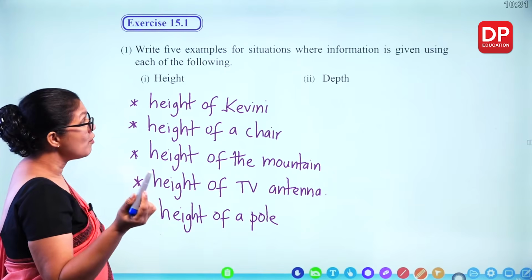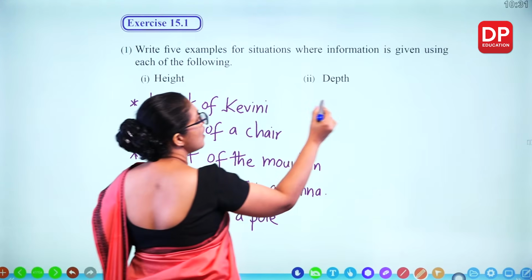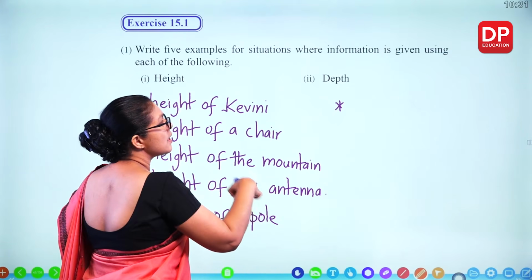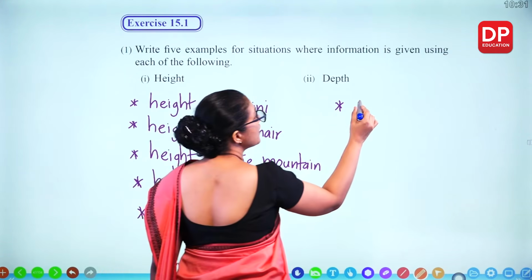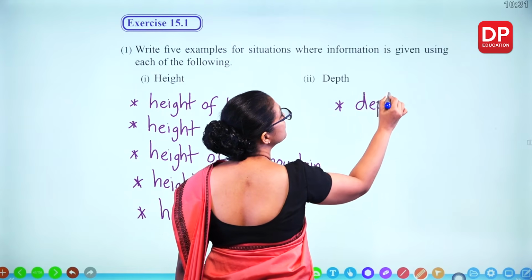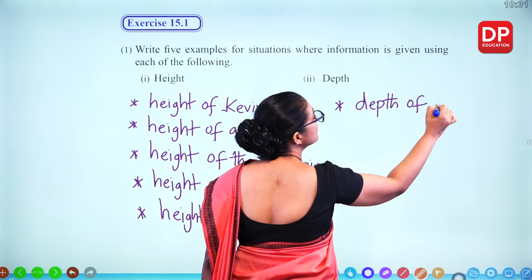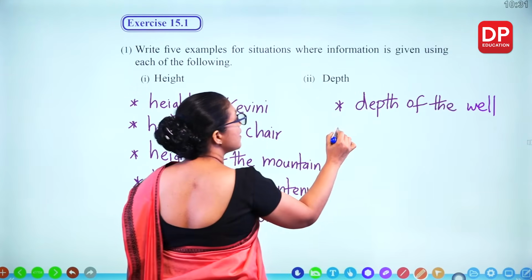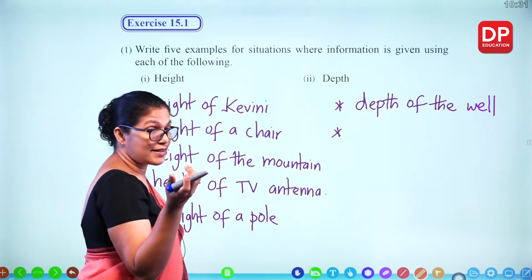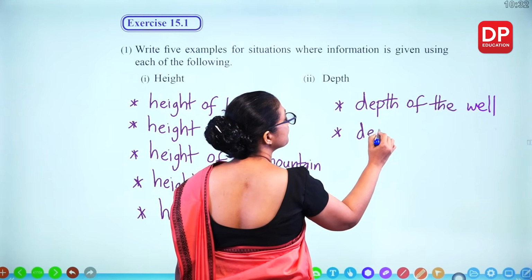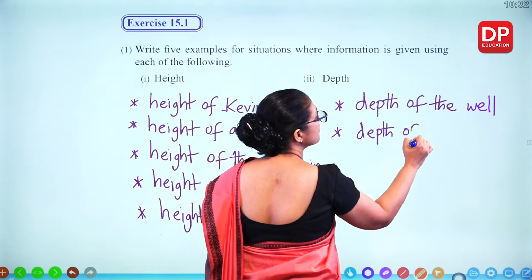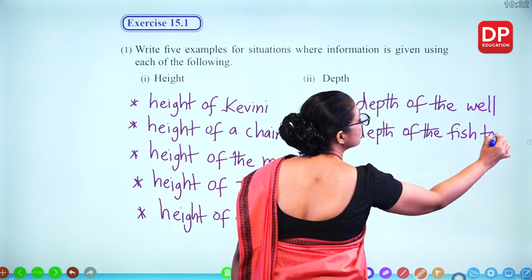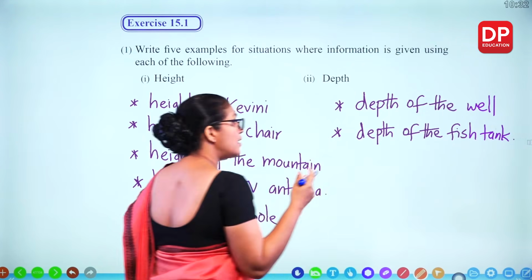That's enough. Now depth. How can we measure depth? Depth of the well. Then depth of the fish tank. And depth of a river.